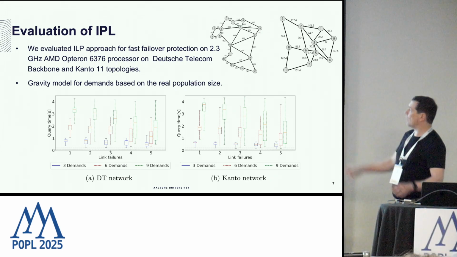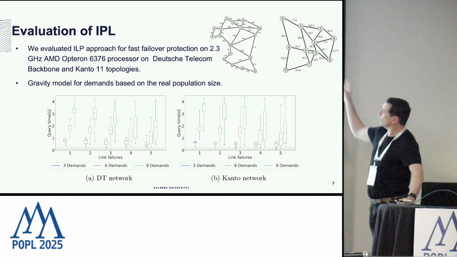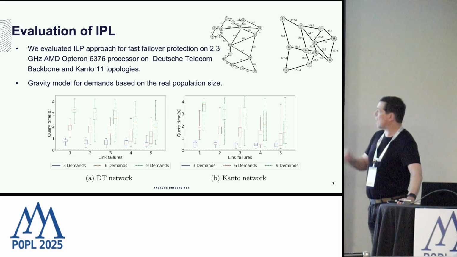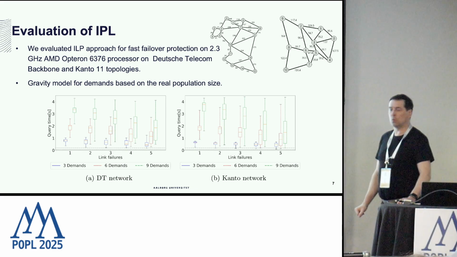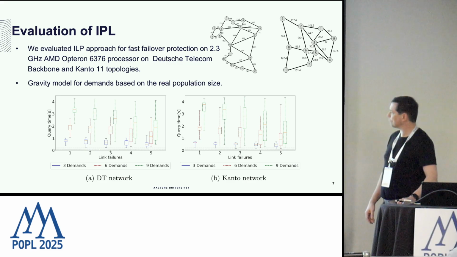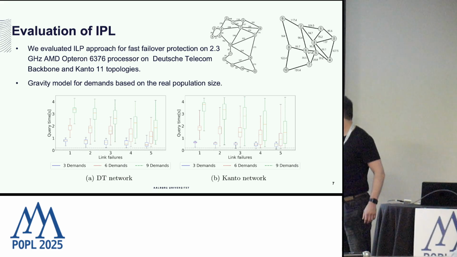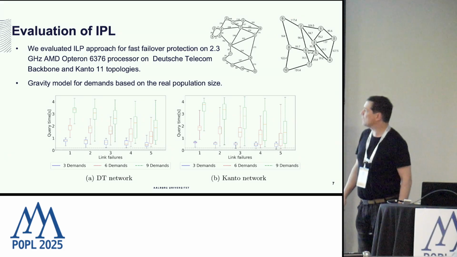And we generated some demands based on a gravity model and a real population size, and measured how much time it takes to compute a new solution or optimal solution. And as you can see, with the increasing number of link failures on the x-axis and the time needed on the y-axis, we need seconds.